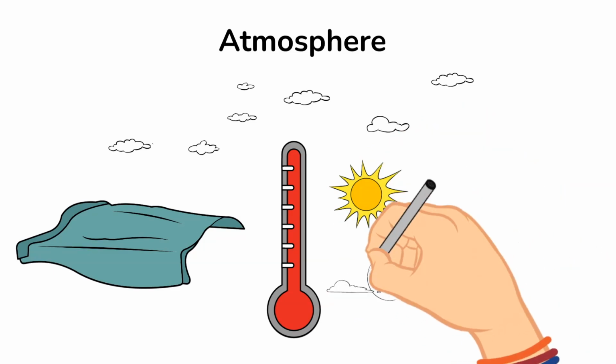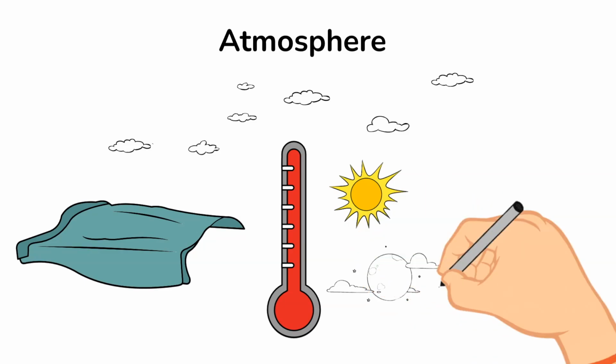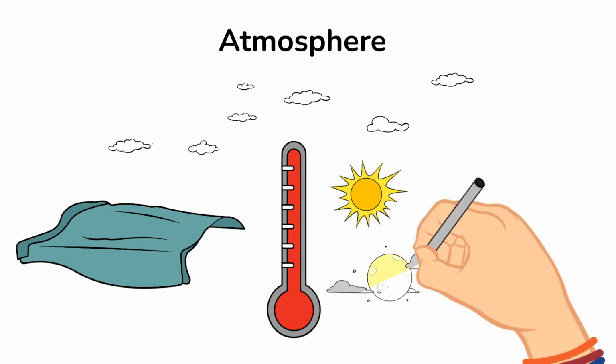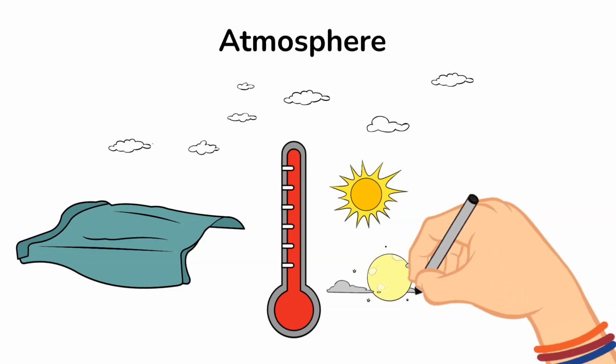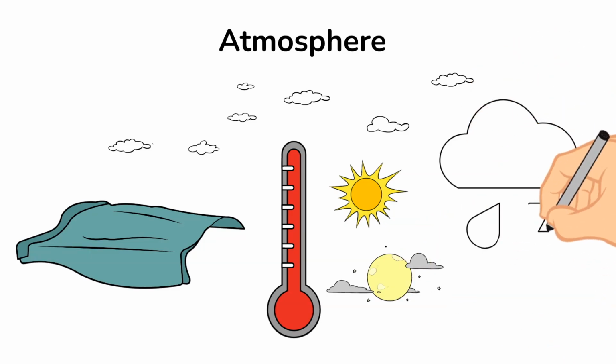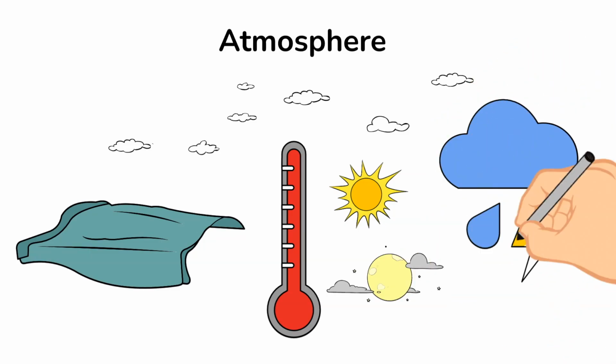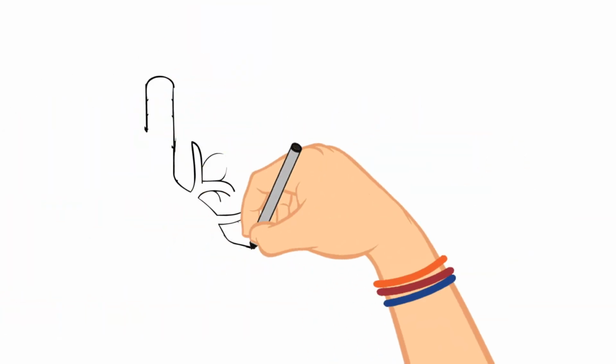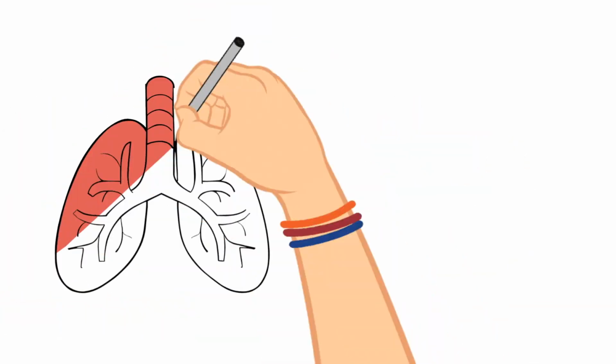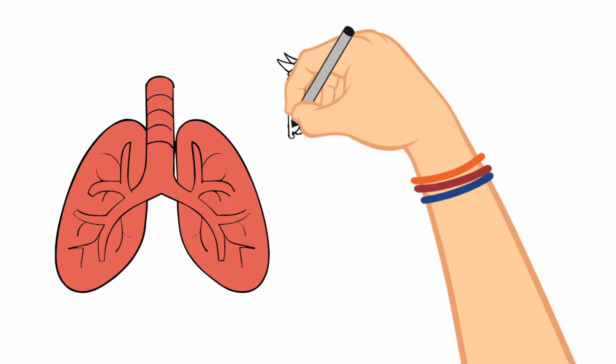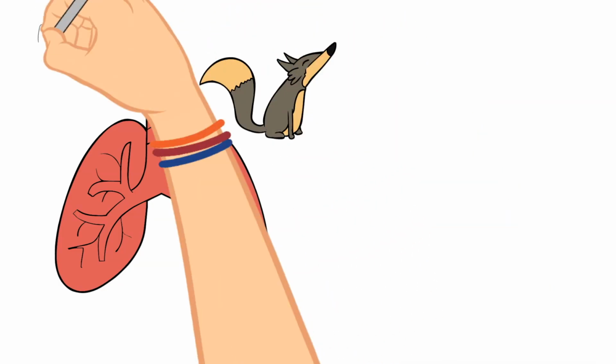The atmosphere also has what's called the ozone layer, and this layer helps to protect the Earth from the sun's radiation. This big blanket also helps to form our weather patterns. Another aspect of the atmosphere that makes it important for life is that plants and animals have to have oxygen to survive.